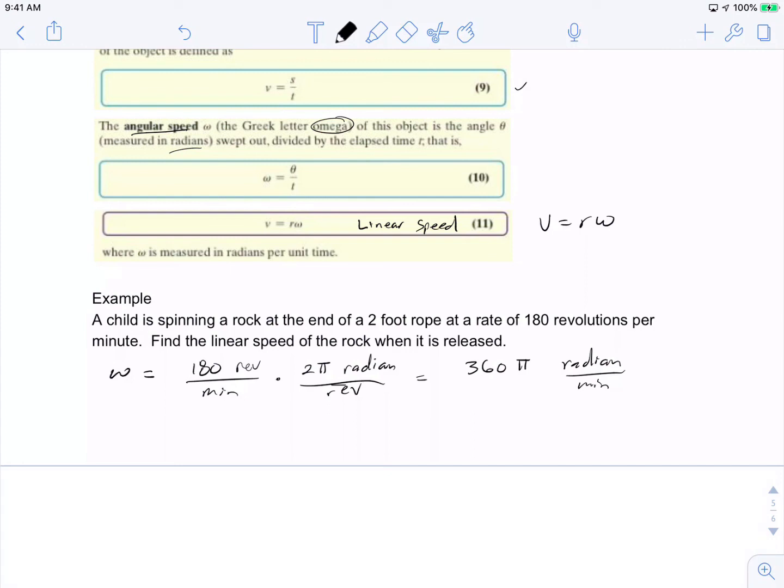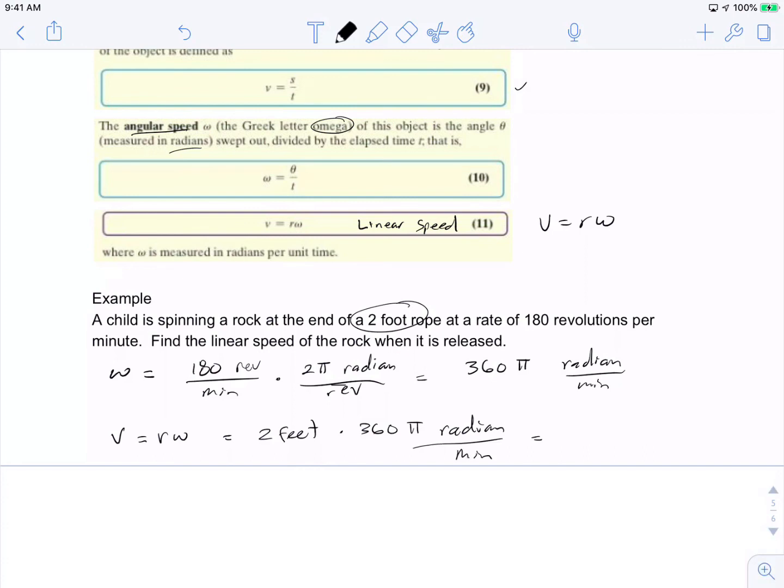So that's the number of rotations that is occurring per minute, the angle that's being created. So to get that linear velocity, again, the velocity is equal to the radius times omega. And that's going to be 2 feet is the radius. So we'll go 2 feet times 360 pi radians per minute.